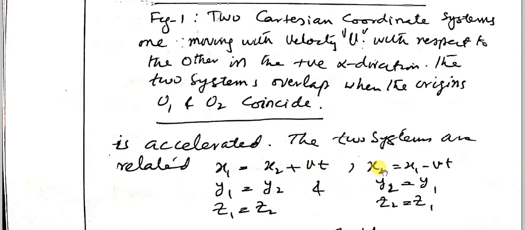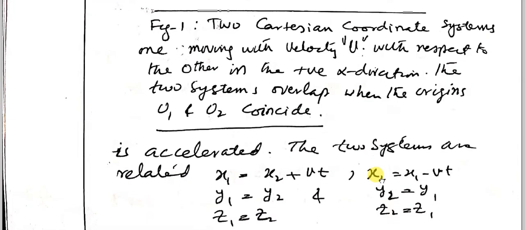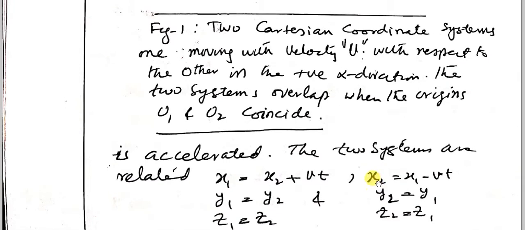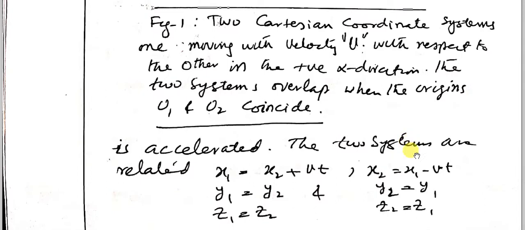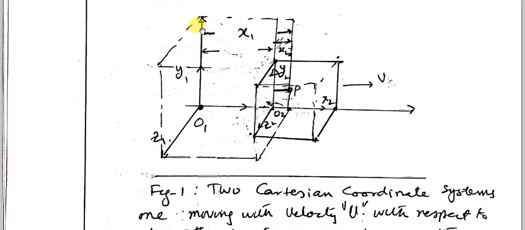While the x2 observer is sitting inside system 2, he will see that the distance traveled by system 1 is given by x1 minus vt. So this is the total x1 distance, and this is the vt distance, the distance traveled by system 2.